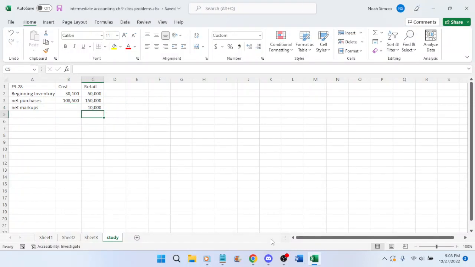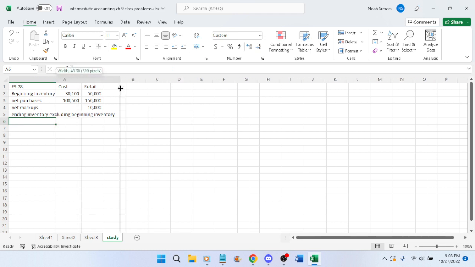Okay, now here's the part where you do a weird thing. What is the label for this thing? I think this is ending inventory excluding beginning inventory.